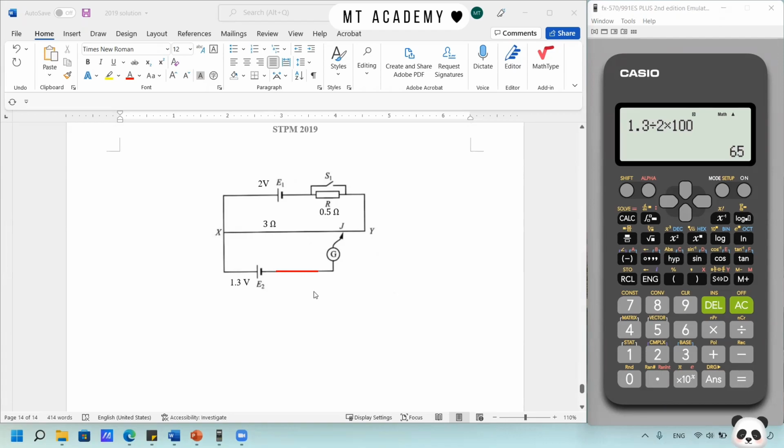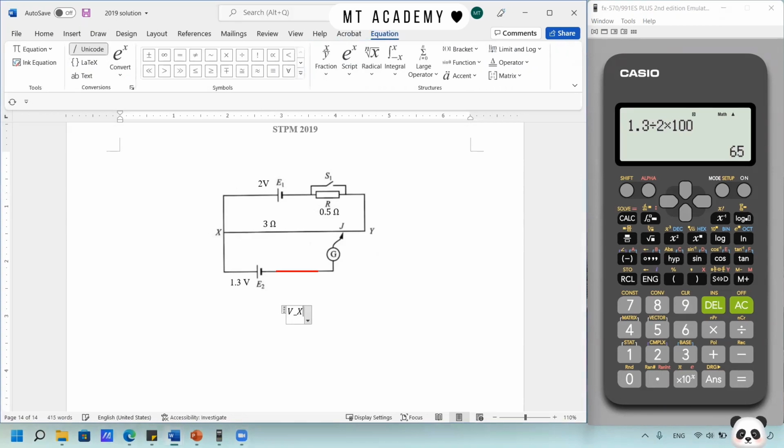So now we're going to revise the voltage, first the XY. It's no longer 2 volt because you have a resistor here, 0.5 ohm, that divides a portion of the voltage. So we apply the potential divider, where the resistance of wire XY is 3 ohm and the resistor R is 0.5 ohm.